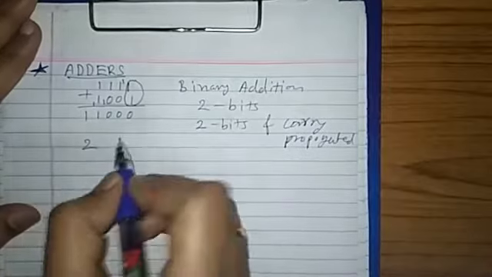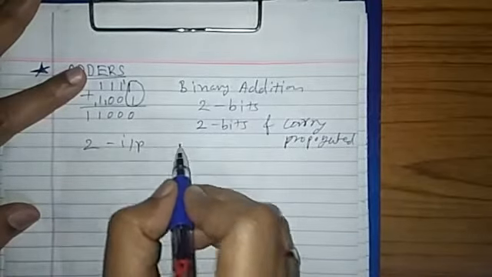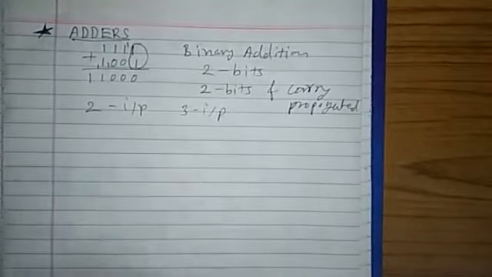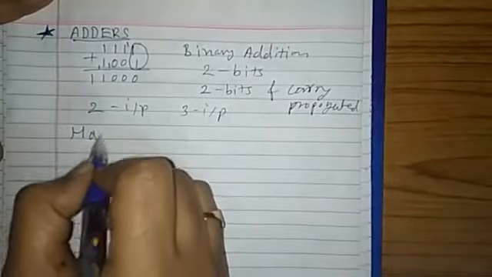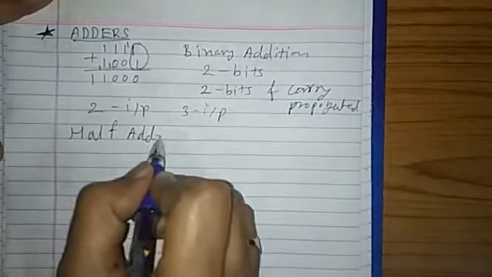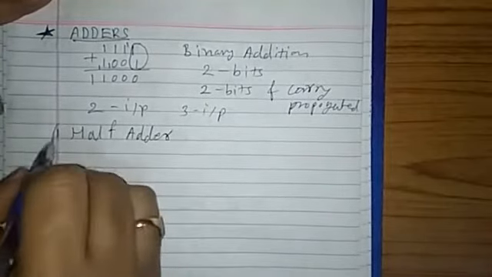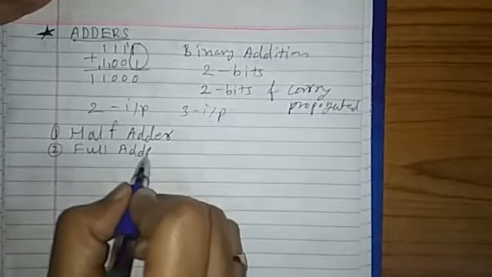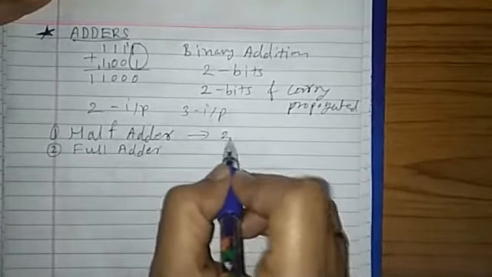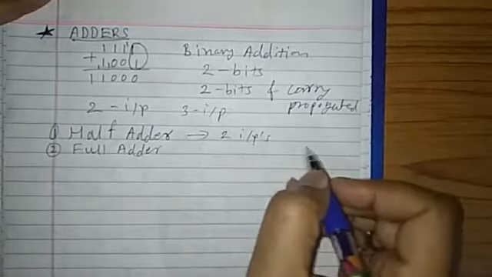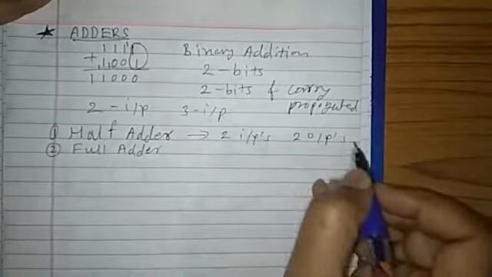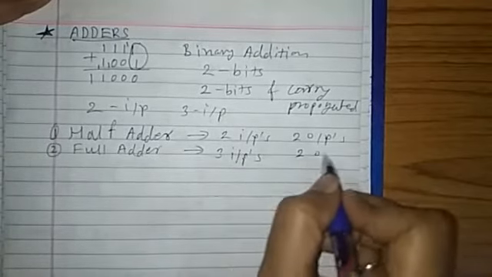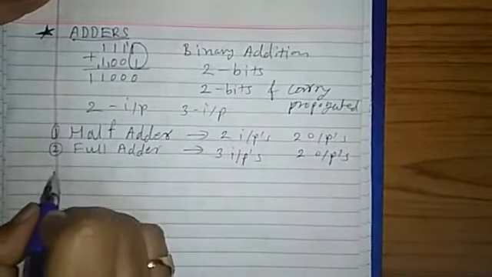Either 2 input adder is required or 3 input adder is required, building block is required, and they have named one as half adder and another they say full adder. Half adder is 2 inputs, two outputs. Okay, and full adder is 3 inputs, 2 outputs. Okay, let us see one by one.